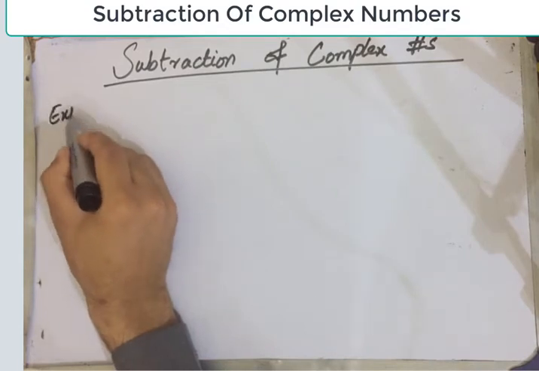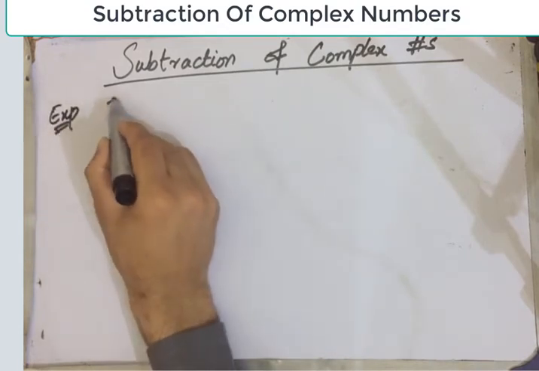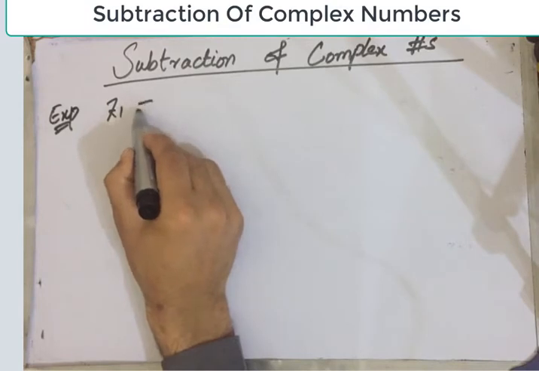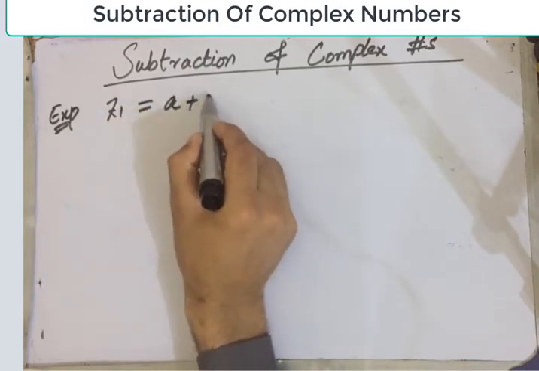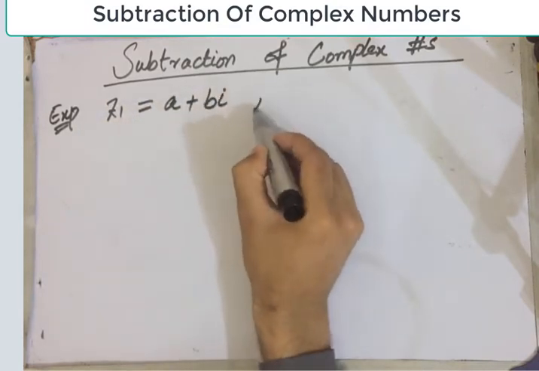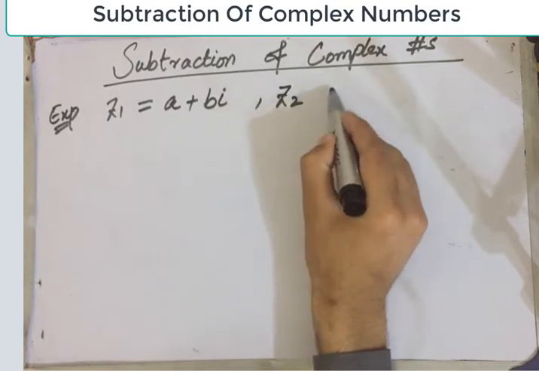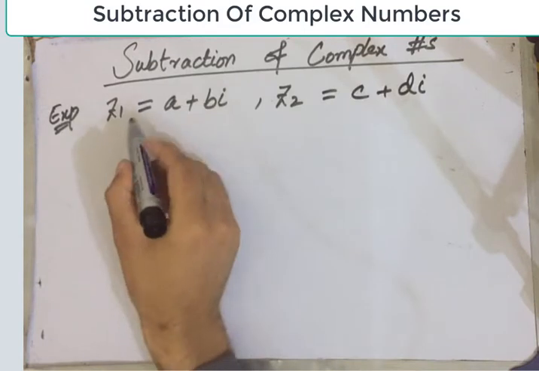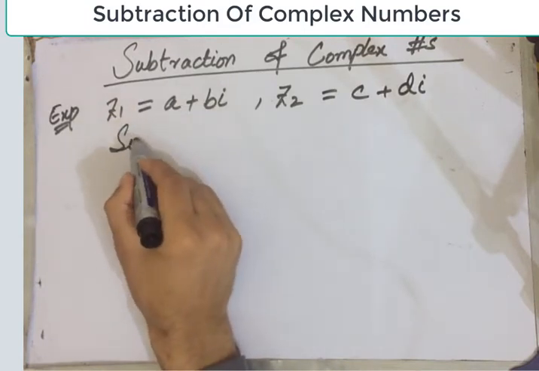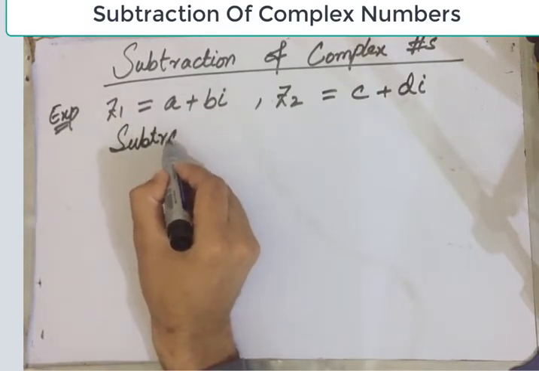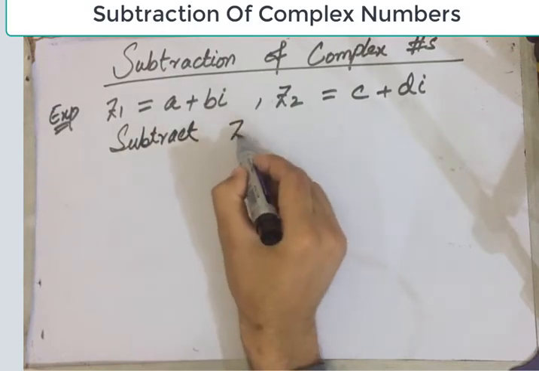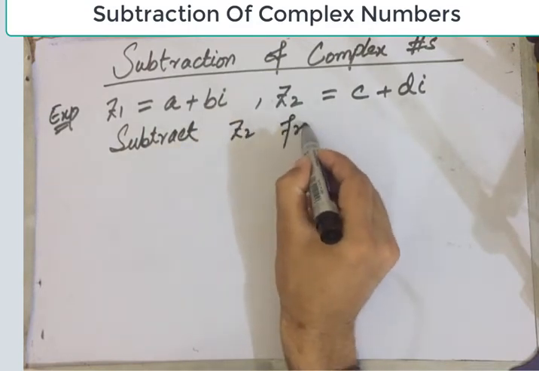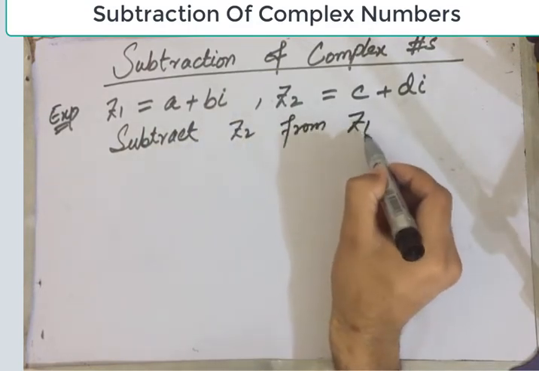Example, we have first complex number Z1 equal to A plus B iota and the second complex number Z2 equal to C plus D iota. Given that, subtract Z2 from Z1.